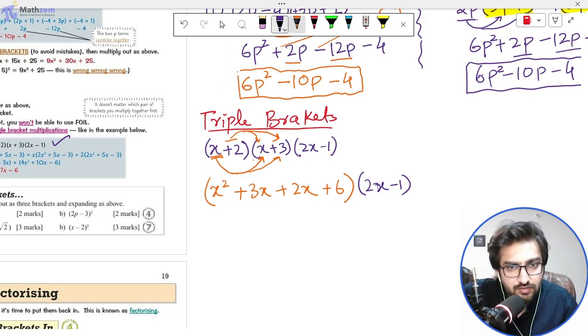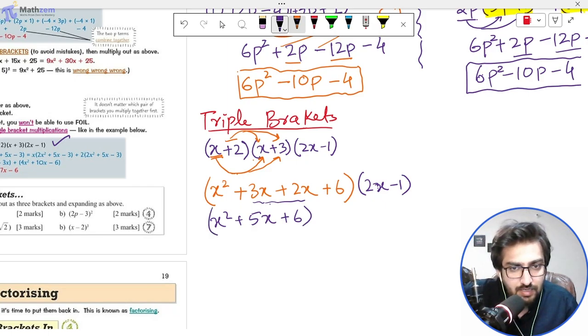Now we can solve this, we can add them because both are similar terms. So it will become x square plus 3x plus 5x. 3x plus 2x is 5x, plus 6, and then (2x - 1).